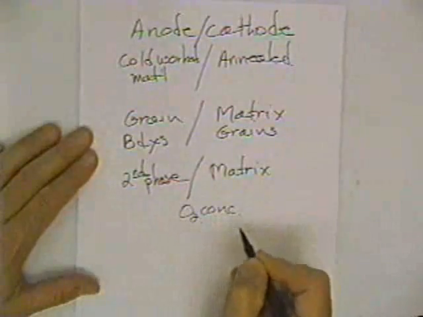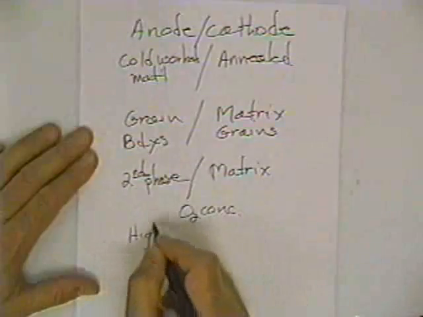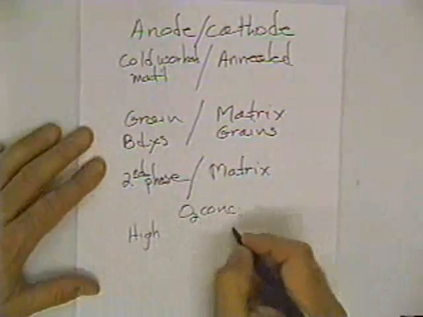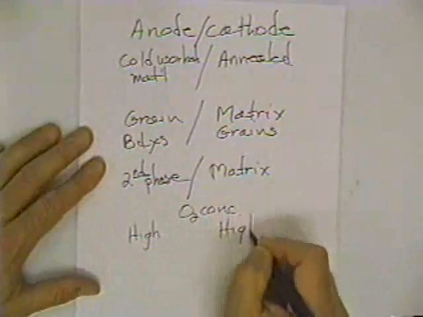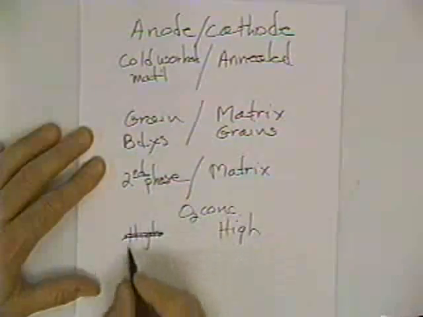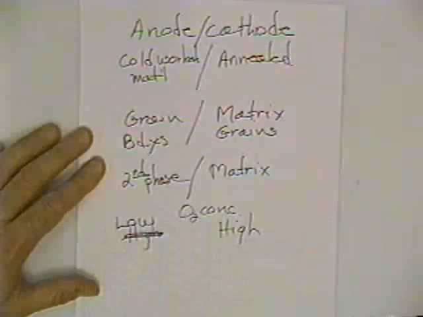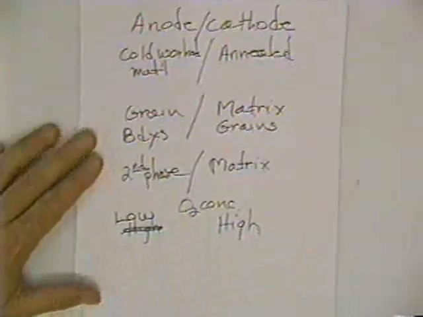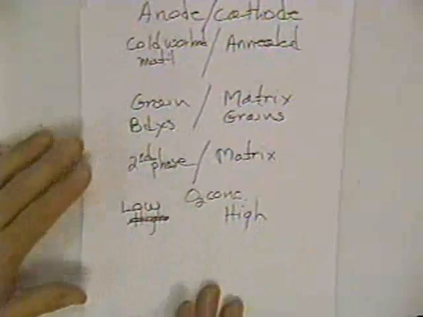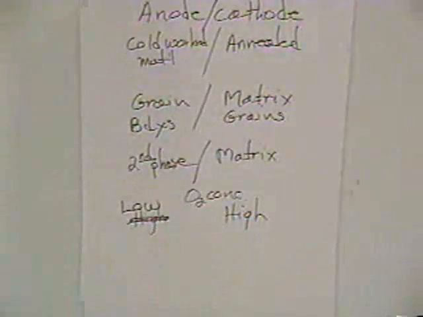Oxygen concentration. High oxygen concentration regions will be cathodic with respect to lower concentration, lower concentrations. Where can you get that? Well, in solutions.